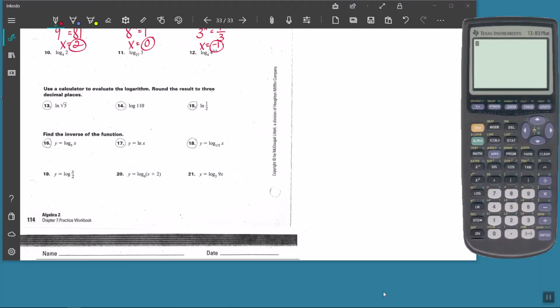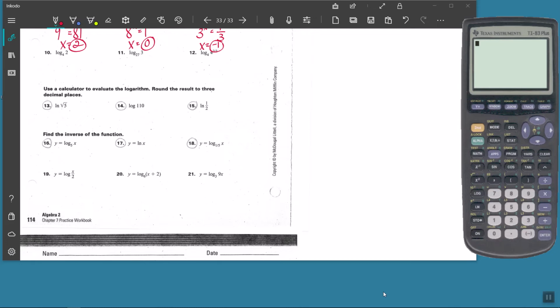So now we can figure out some of these with a calculator. And so 13 through 15, we'll use a calculator. And usually when we find the logarithm, we round it to the nearest 3 decimal places. So we'll round to the thousandth place when we find these logarithms. 13, that ln means natural logarithm.